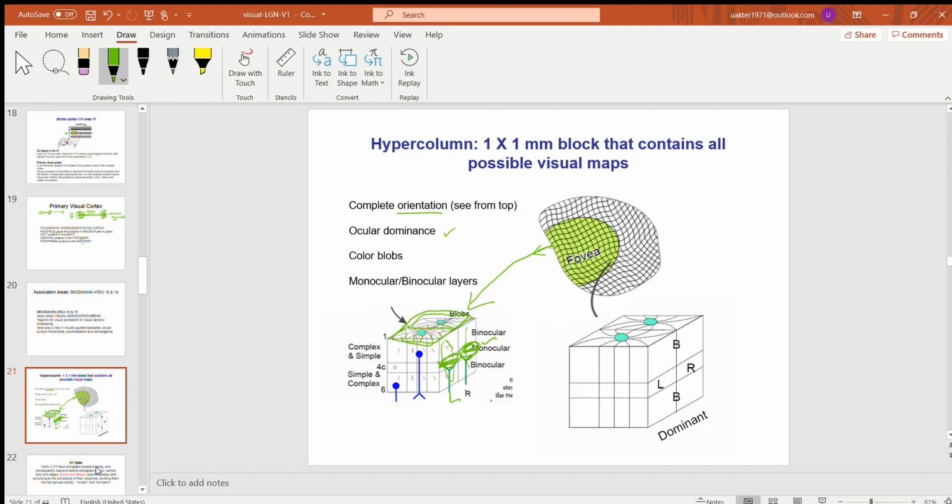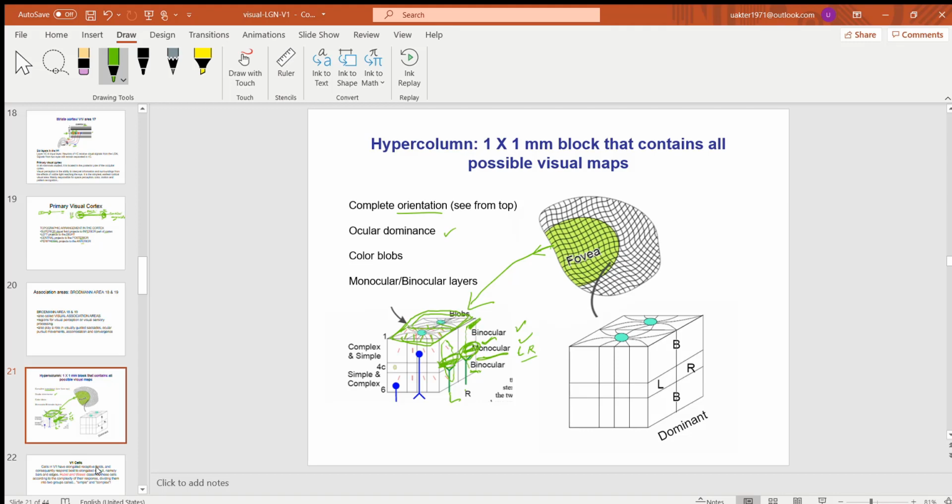And also you have the binocular neurons. That means the neurons are sensitive to the information coming from both eyes. So you have monocular and binocular, as well as within monocular you have right and left separated. Makes sense? Within the hypercolumn. So that is another thing, ocular dominance.